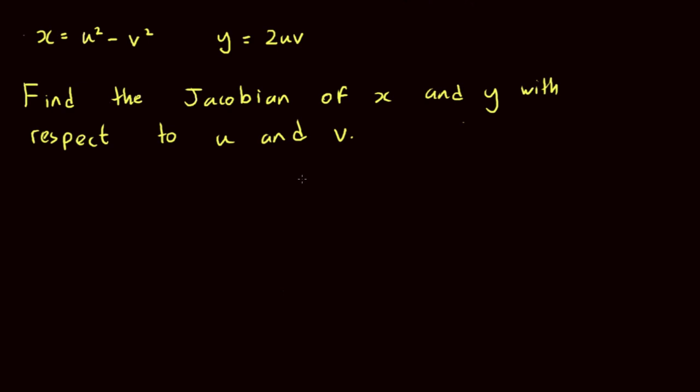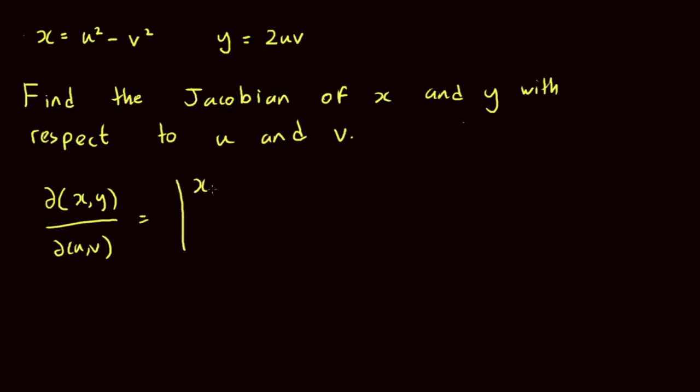I will allow you guys to pause this video for a bit and try to attempt this question. Okay, so assuming you have already tried this question, actually it's very simple. They want to find the Jacobian of x and y, so del xy over del uv, which is very straightforward.